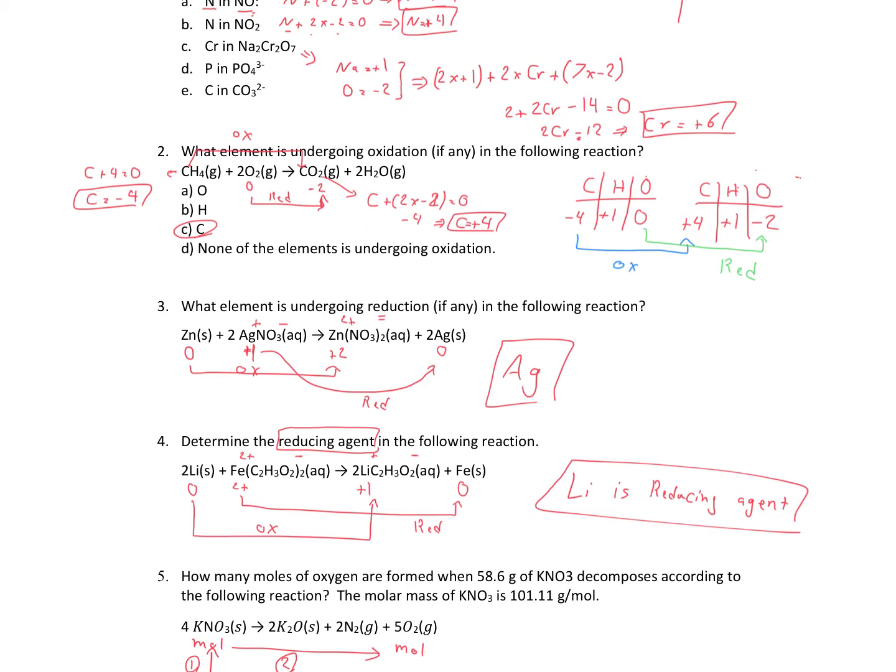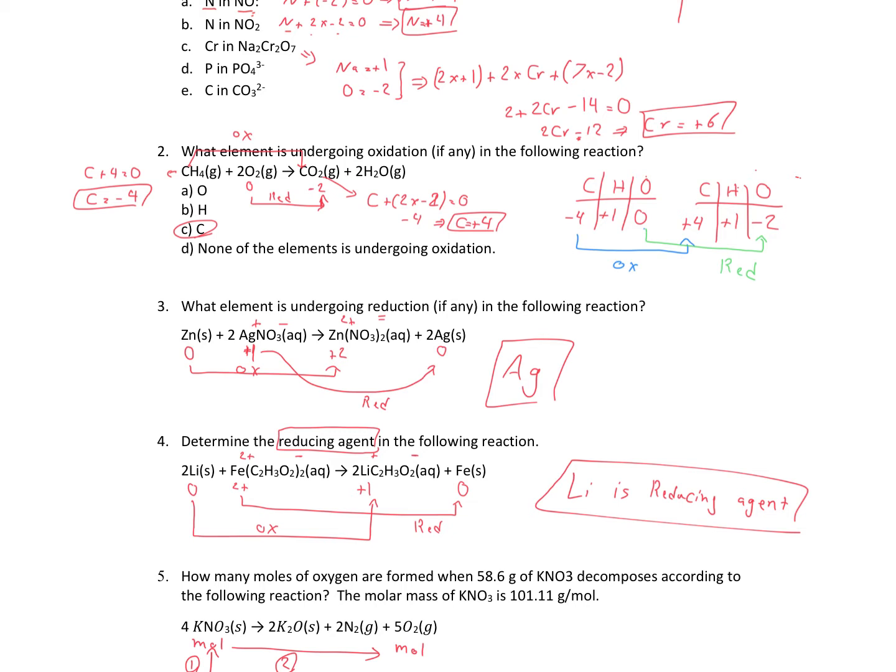If we check the oxidation state of these elements, hydrogen in most cases is +1. If it's with metals, it's -1. In all of these compounds here it's with non-metals, so it's +1. So nothing happened to hydrogen.